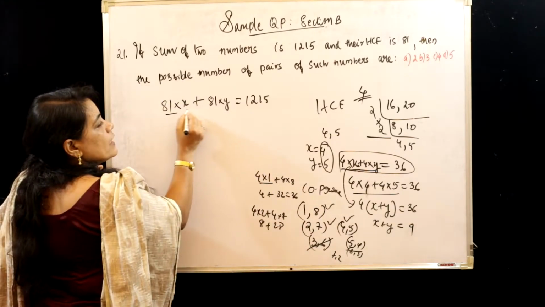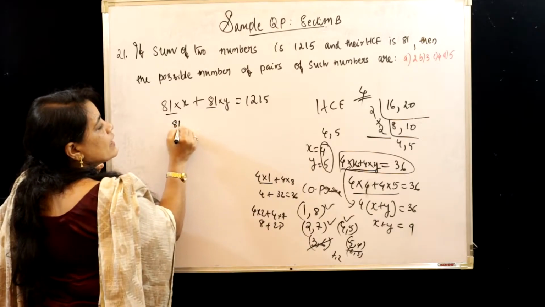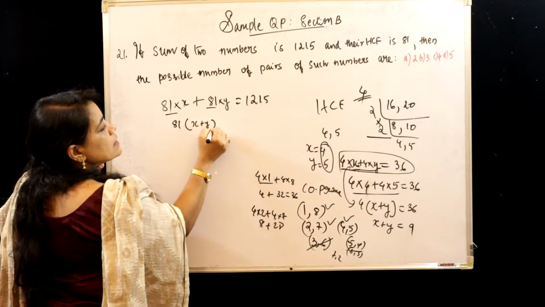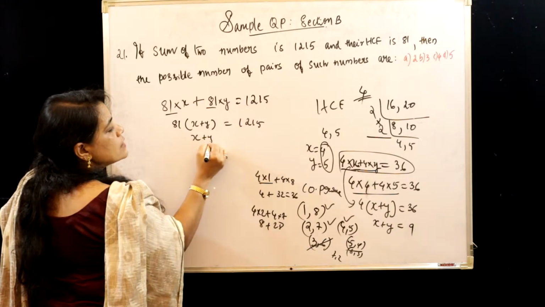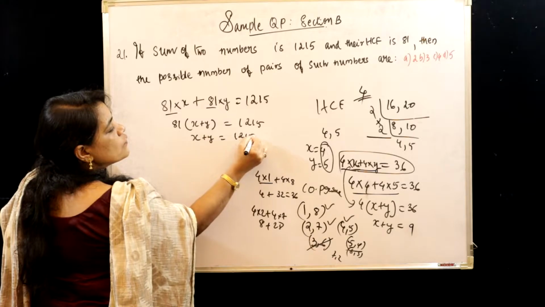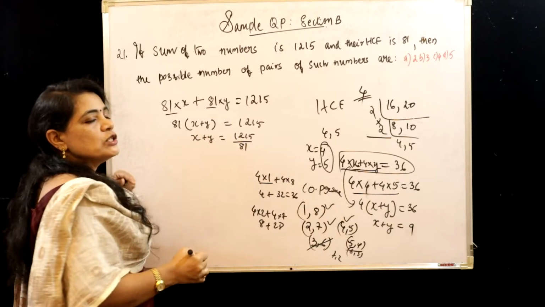Okay, and in the same way you can take 81 as common, so 81 times x plus y is equal to 1215, and x plus y is equal to 1215 divided by 81.